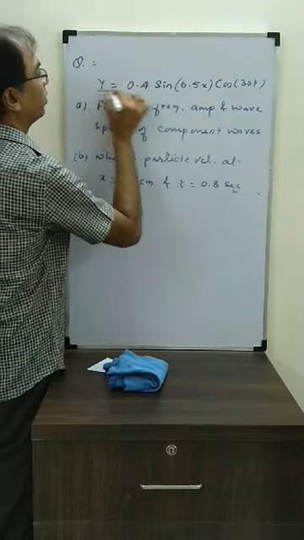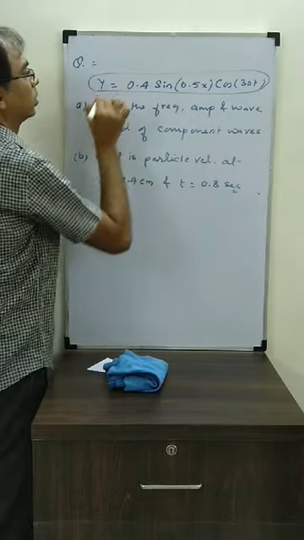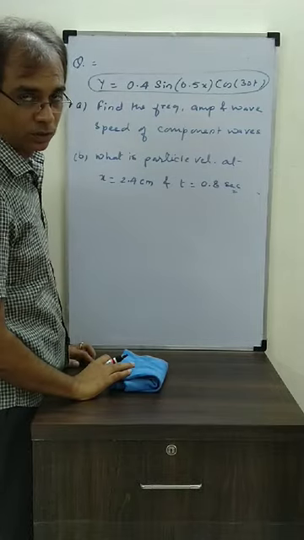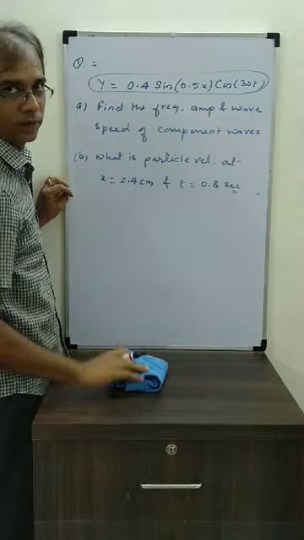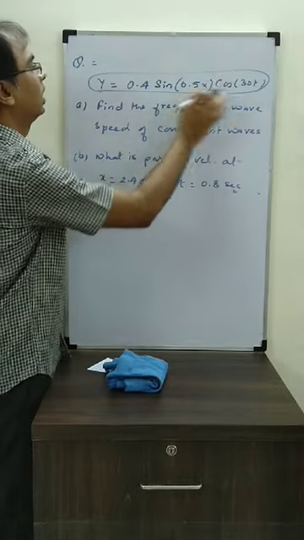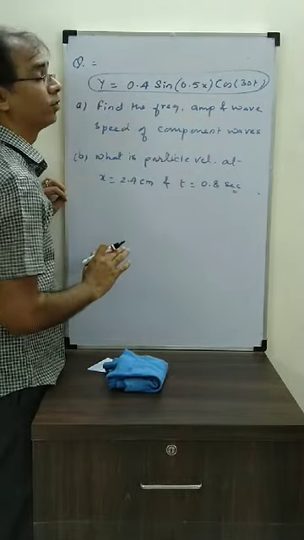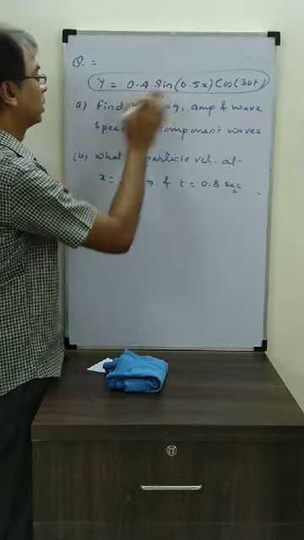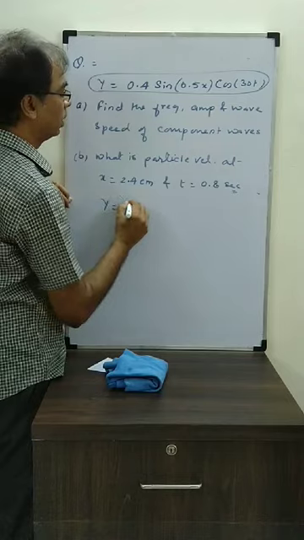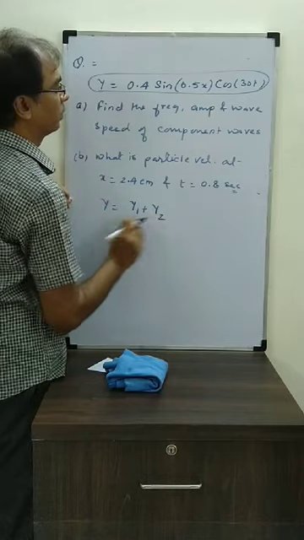This is the standing wave that is given to you. So first you try and solve it. Now see what the solution is. This is a standing wave. The first thing we have to do is write what the two component waves are. As I told you already, we can write this y as y1 plus y2.